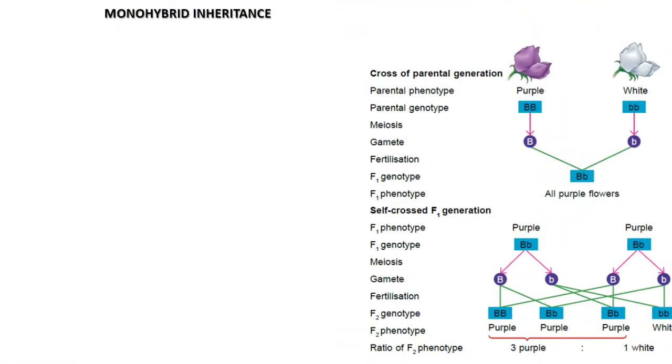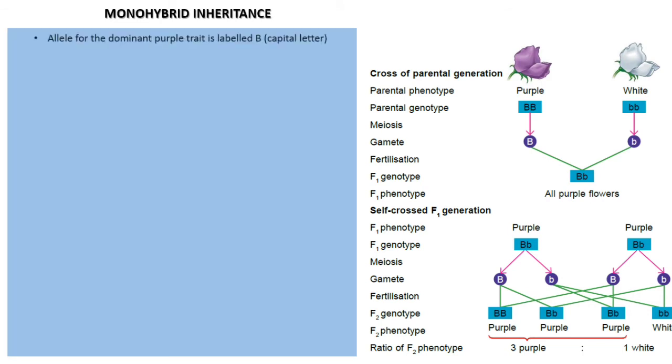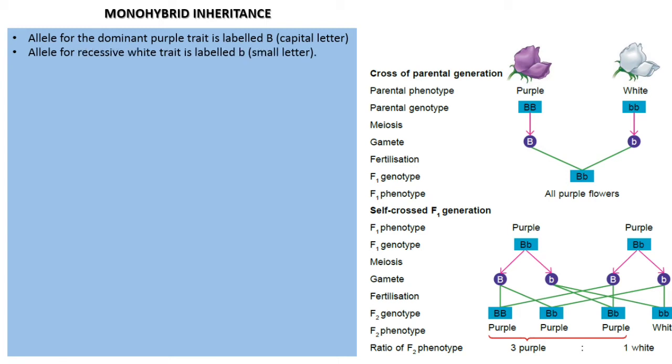The allele for dominant purple flower is labeled B, capital letter. The allele for the recessive trait is labeled b, small letter. So we can write down the key before we draw the schematic diagram like this.